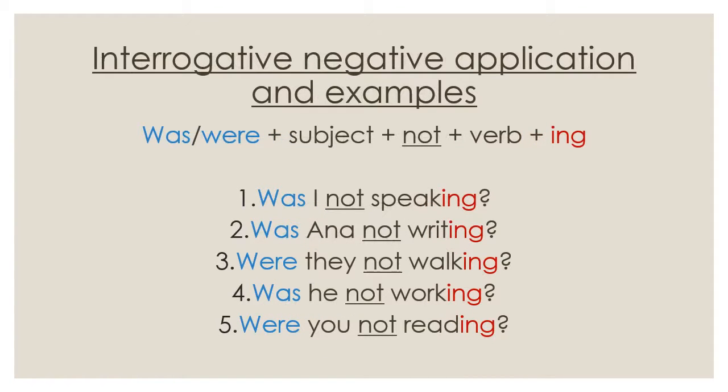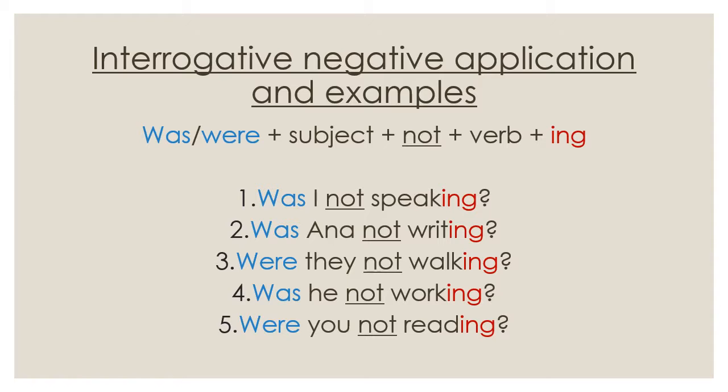Last but not the least, there is the interrogative negative form, or the negative question form, which is made by doing an inversion of the verb to be and the subject, and then adding the word not after the subject. We should usually use these type of questions when we are not certain about how or if some things were happening in the past.